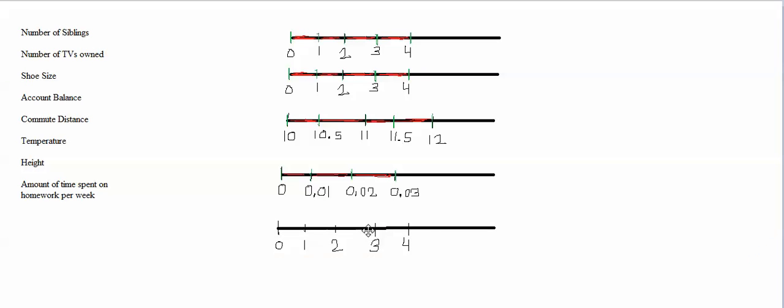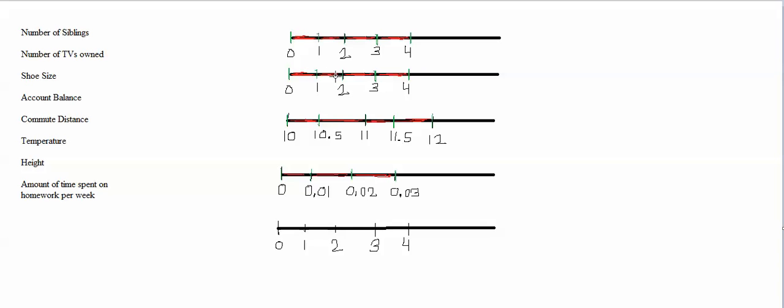Imagine a person asked us to mark off the possible values of commute distance in green, and to mark off the gap areas in red. Well, it's not really clear where the gap areas would be because, well, if we made the number line like this it wouldn't be correct, because a person can have a commute distance between 0 and 1, or between 1 and 2.